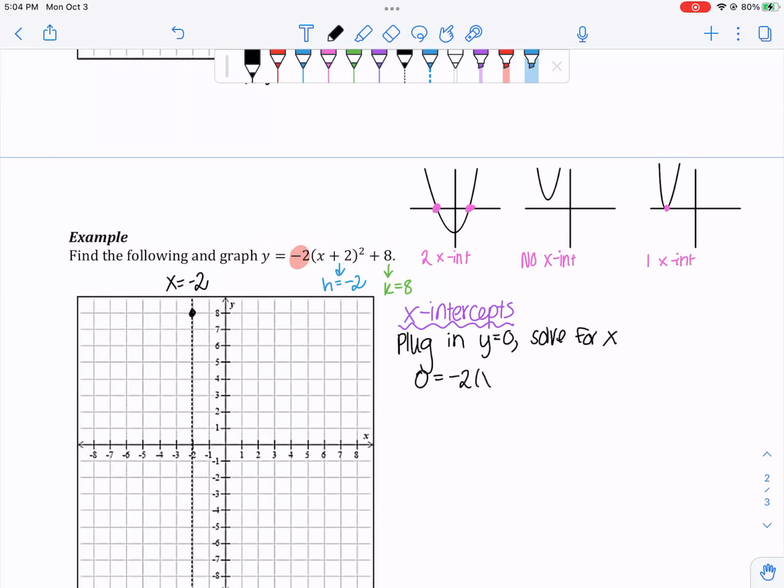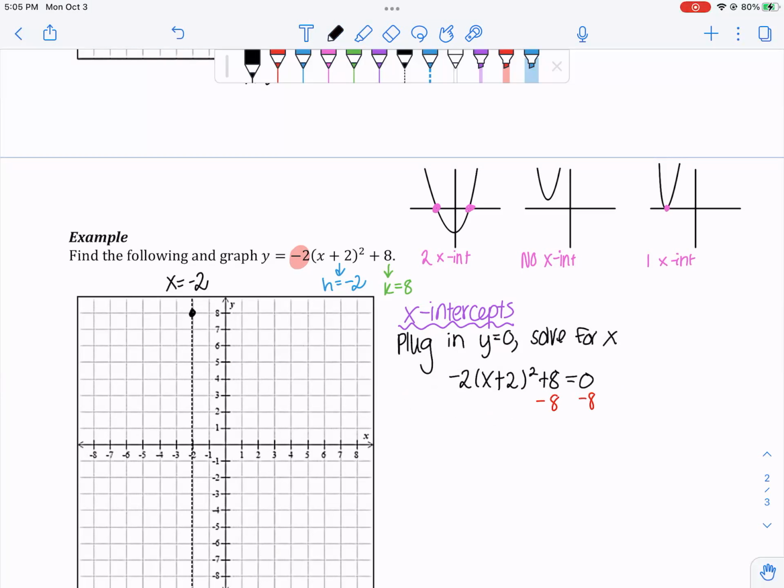0 equals -2 times (x plus 2) quantity squared plus 8. I'm going to rewrite this with the 0 on the other side because it's easier. It's just easier for me that way. I want to solve for x, and I'm going to do that by using the square root property.